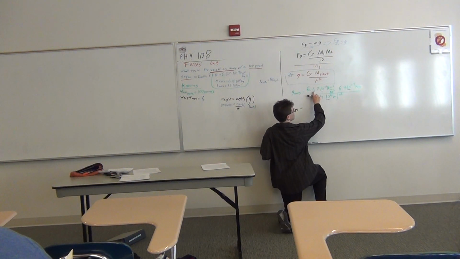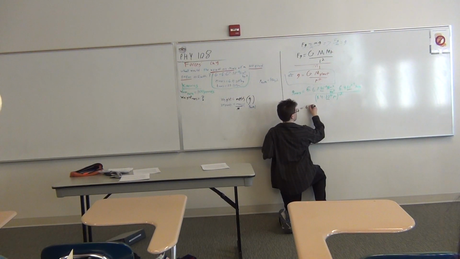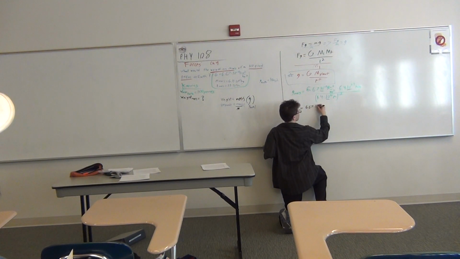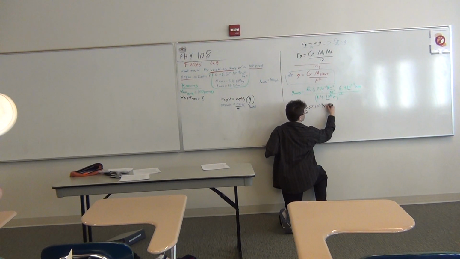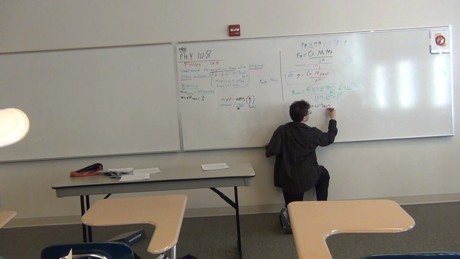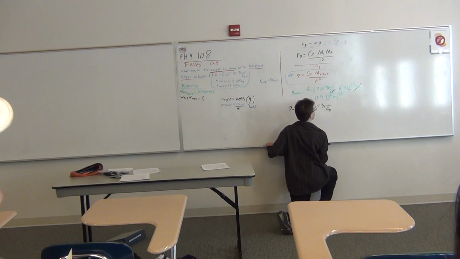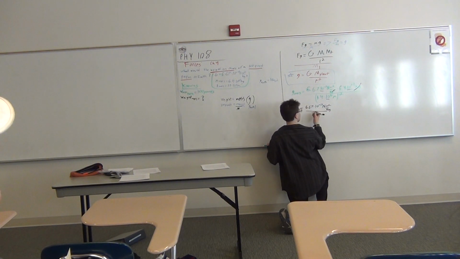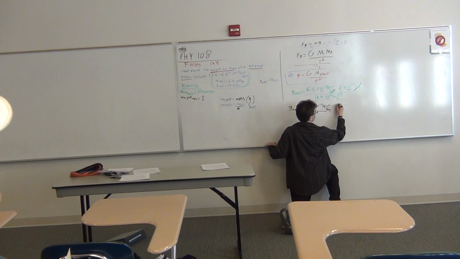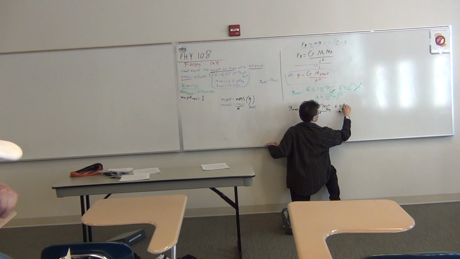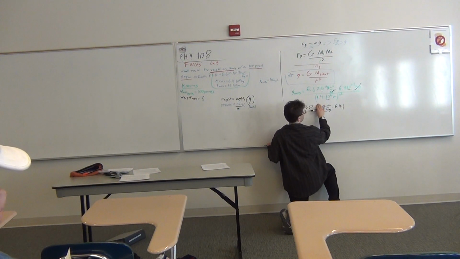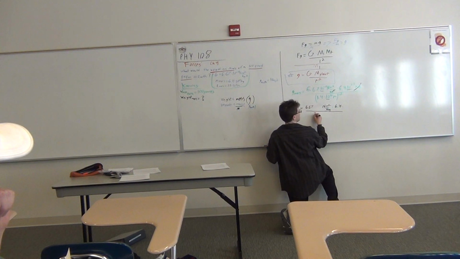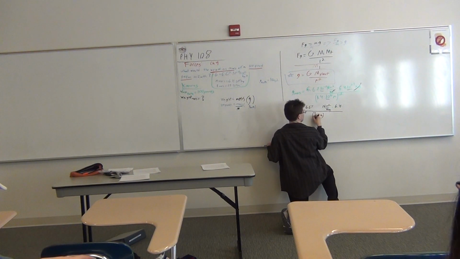So this leaves us with 6.67 times 10 to the negative 11 newton meter squared per kilogram squared, times 6.4 times 10 to the 23 kilograms, over 3.4 times 10 to the 6 meters, squared.